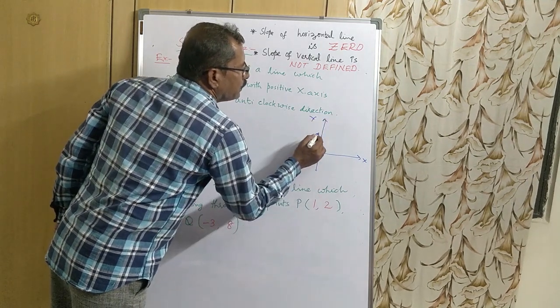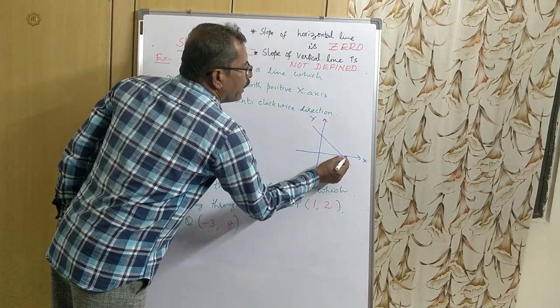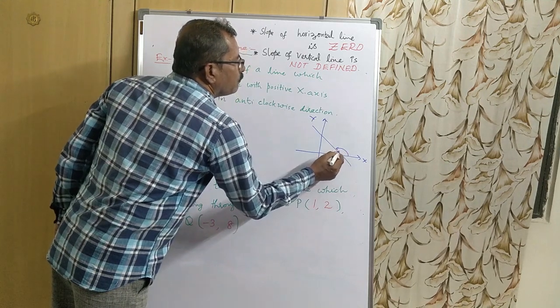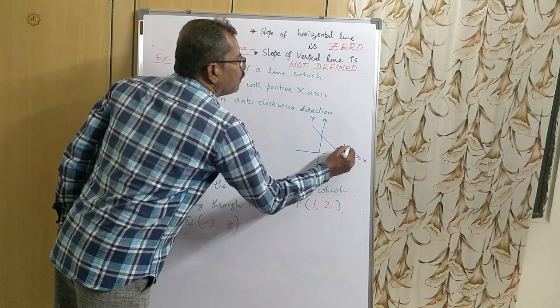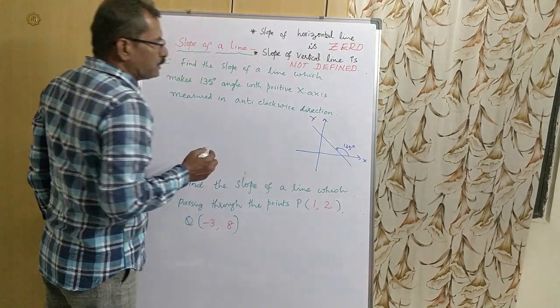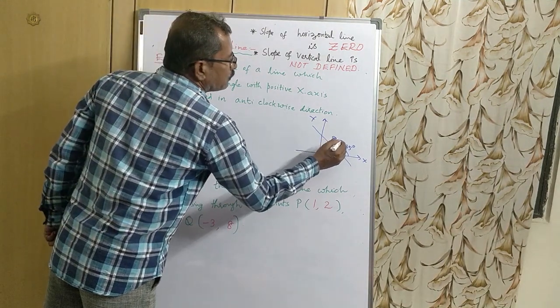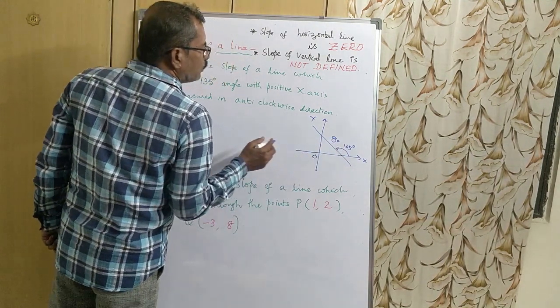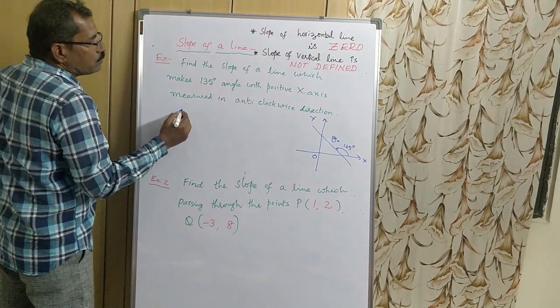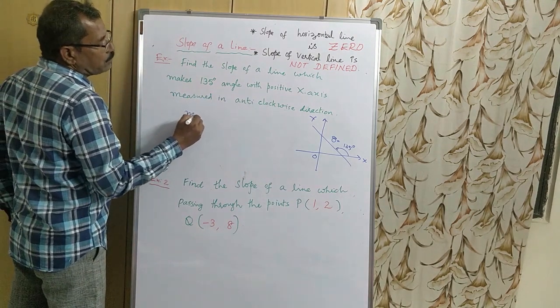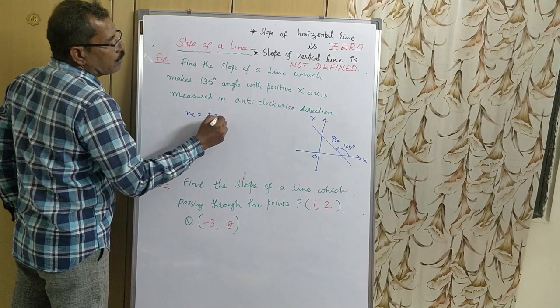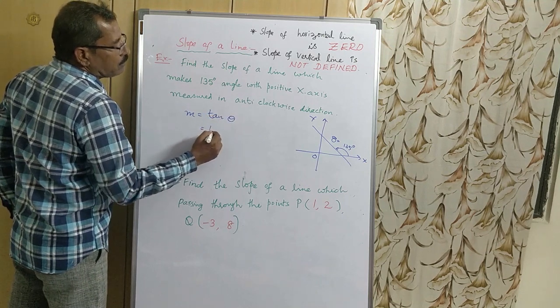The angle in the anti-clockwise direction is 135 degrees. So theta is equal to 135 degrees. Now the slope m is equal to tan theta, that is tan 135 degrees.